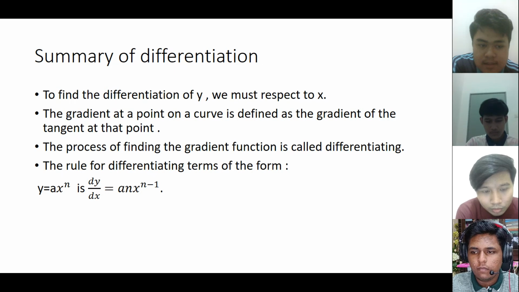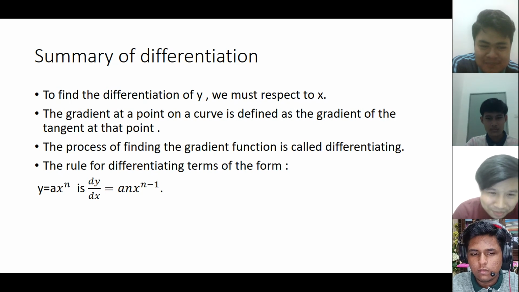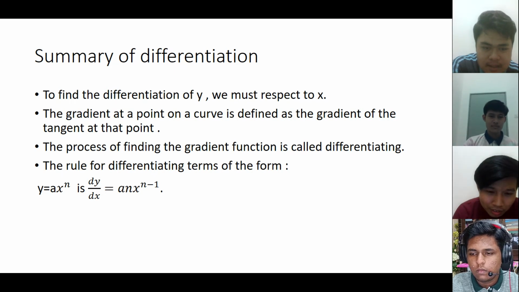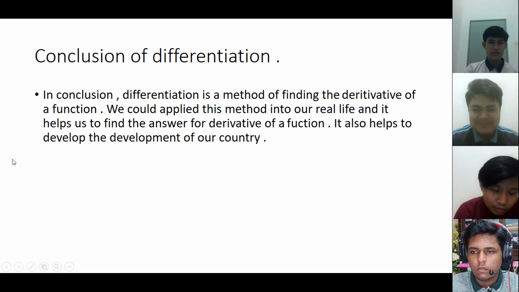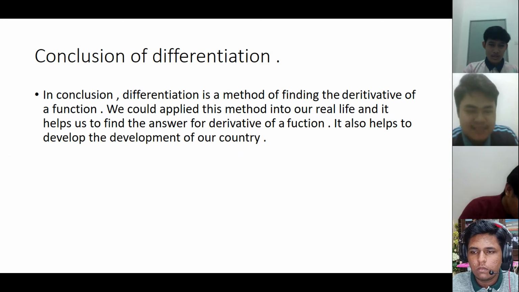The third one, the process of finding the gradient function is called differentiating. And the last point, the rule for differentiating terms of the form y equal ax to the power of n is dy over dx equal anx to the power of n minus 1. Okay, that's the conclusion of differentiation.